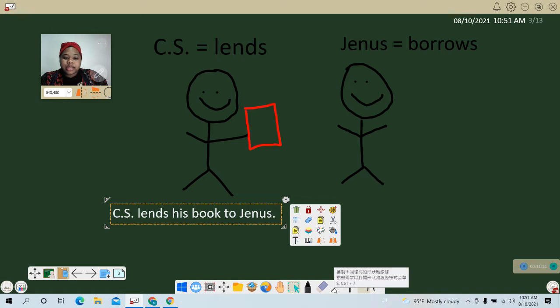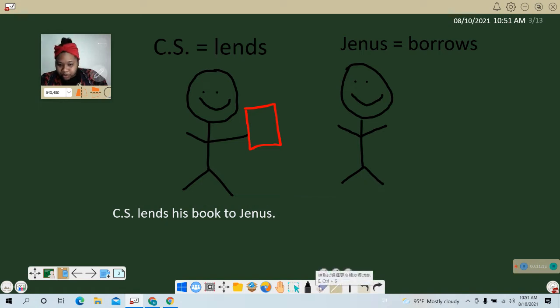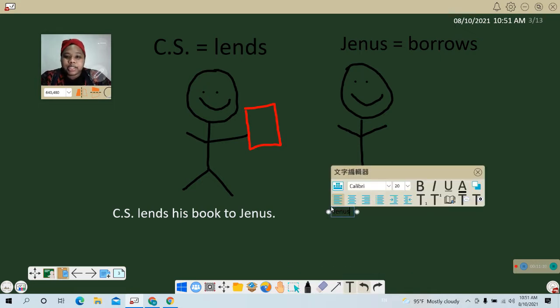While Janus is the one who's going to use it, so it will be Janus borrows CS's book.